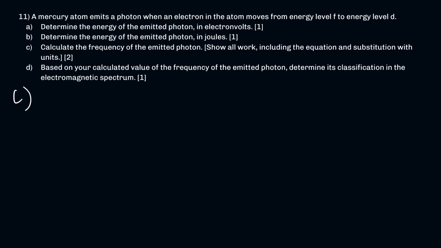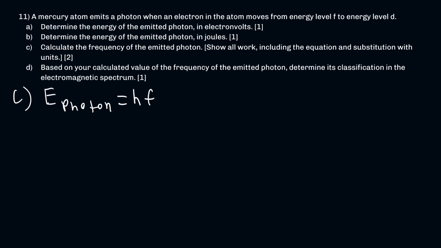This equation is going to be energy of a photon is equal to Planck's constant h times the frequency f. So now let's see what we have here from the previous parts that are going to help us in this question.